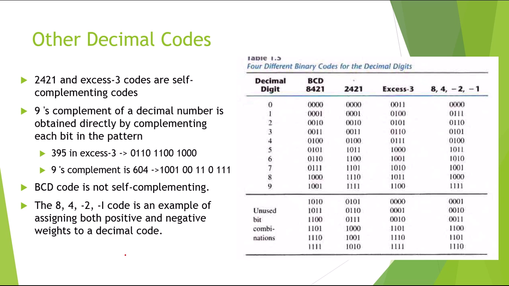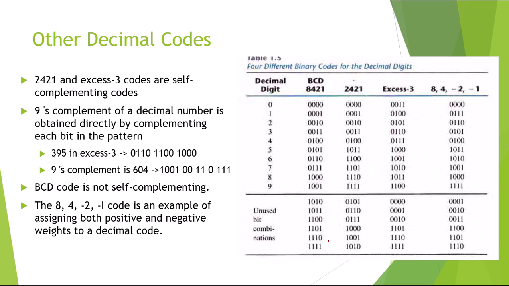Now here you can see under this line, these are the bits in every code which are not used, the unused combinations. Again, why are these unused combinations? It's because all these codes use 4 bits, and they have to use 4 bits to represent 9, because we have 10 combinations, and 10 combinations mean that we need more than 3 bits.